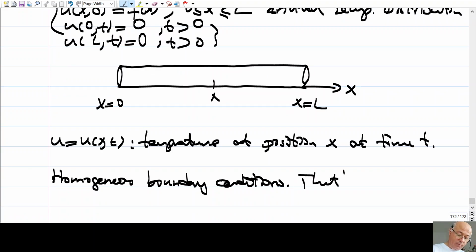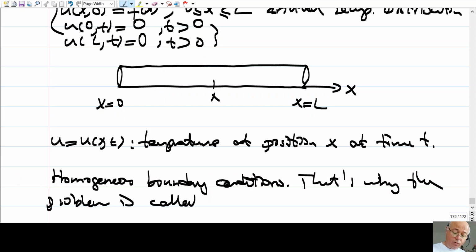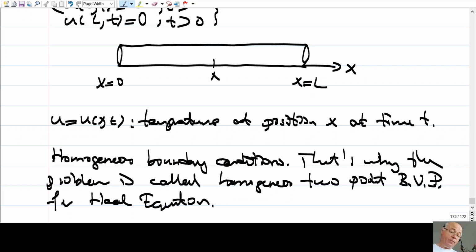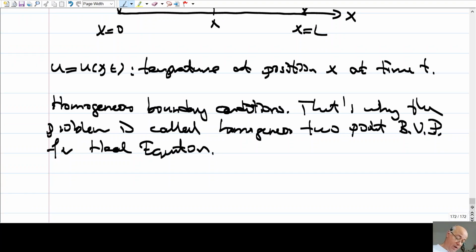That's why the problem is called a two-point homogeneous boundary value problem for the heat equation. Okay, well, how can we solve this? How to solve?